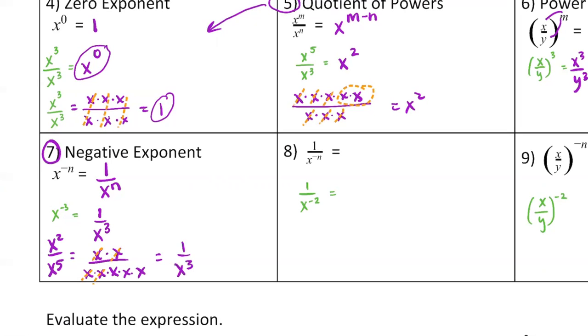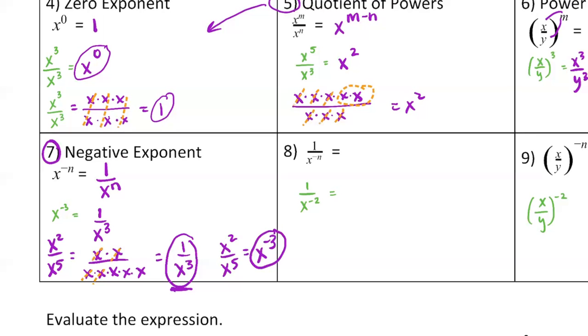And as I was starting to say, using our previous rule, we would subtract those, and that would give us x to the negative third. So doing this two different ways, doing the same problem twice, we can see that x to the negative third is the same thing as 1 over x to the positive third.